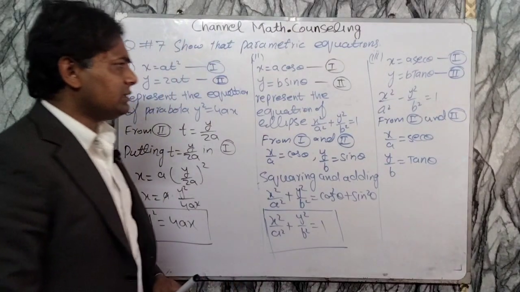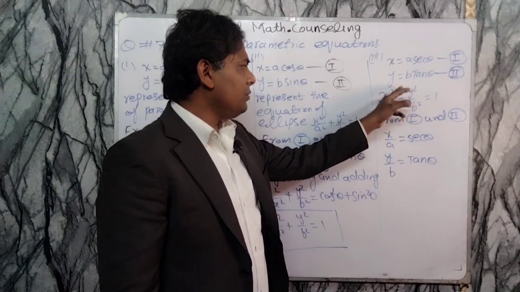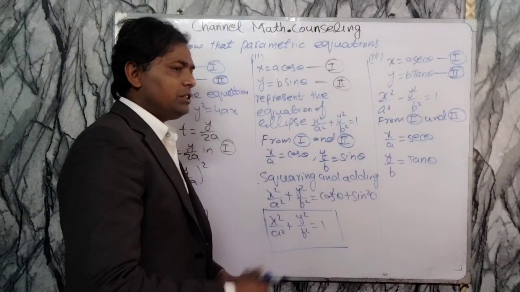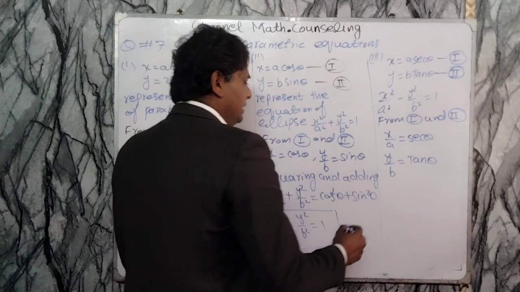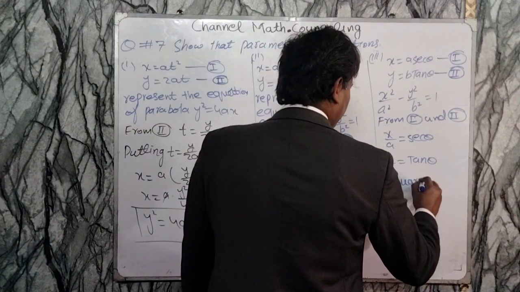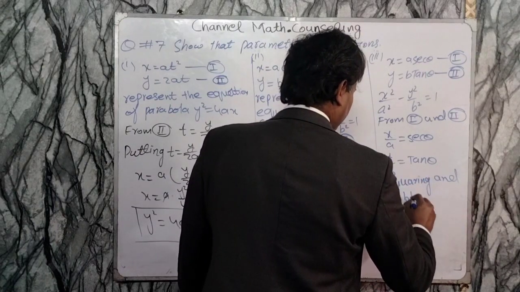Now because there are squares on x over a and on y over b, and also these two equations are subtracted from each other, I write here squaring and subtracting.